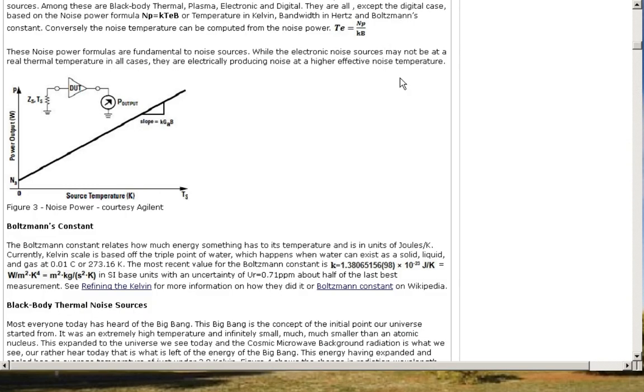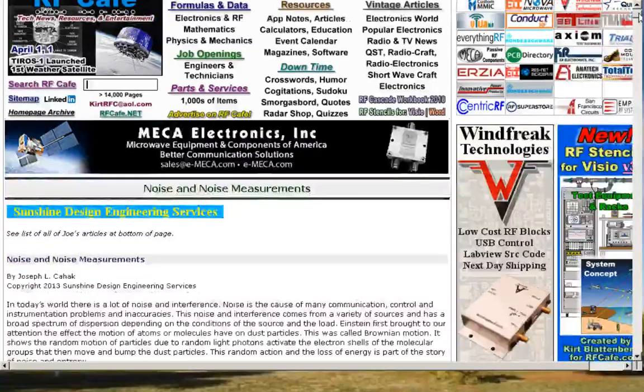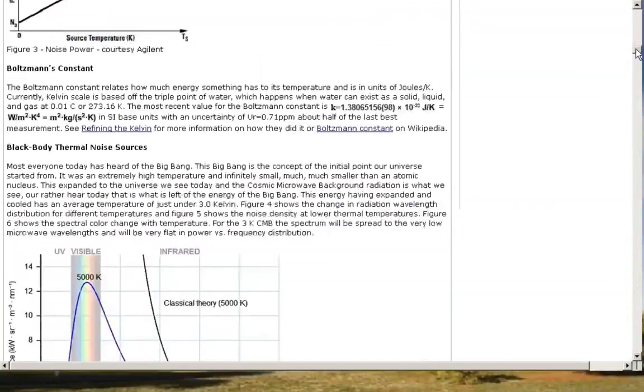So that's that. Noise and noise measurements.